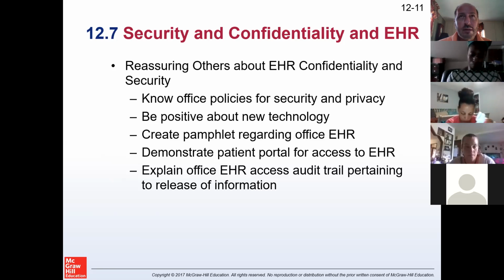We had one a couple of years ago where they were able to get demographic information. They weren't able to get any medical information, but demographic information can be just as bad. That's your phone number, address, credit cards, all sorts of things.